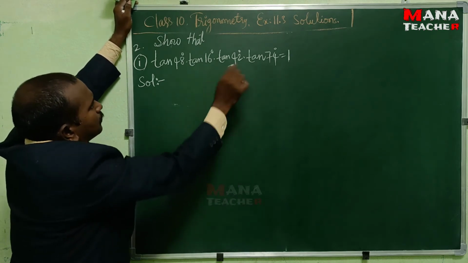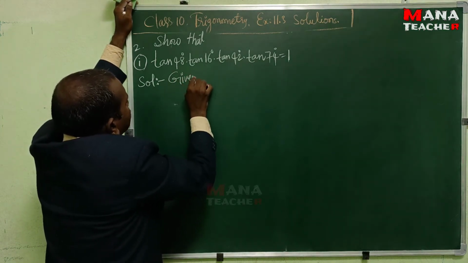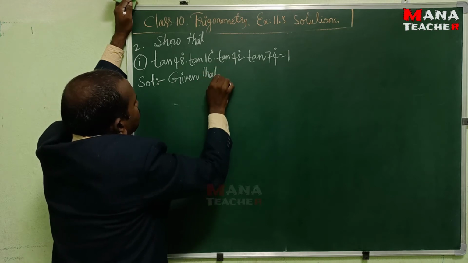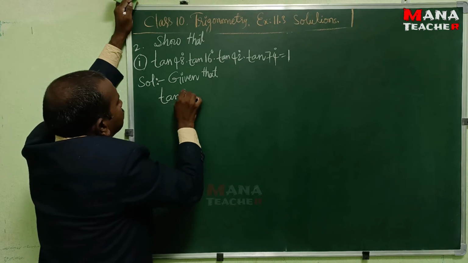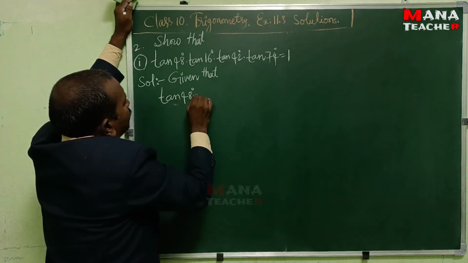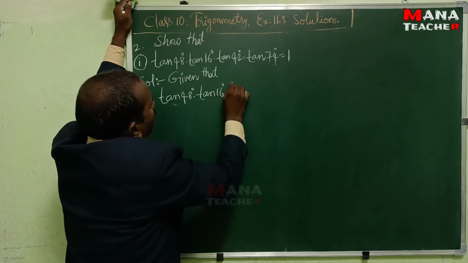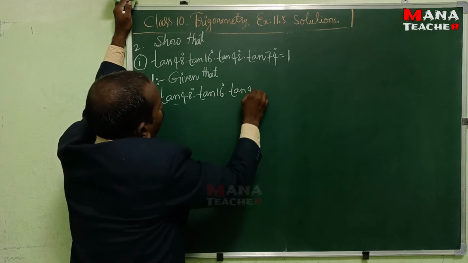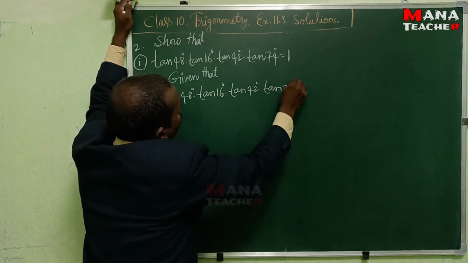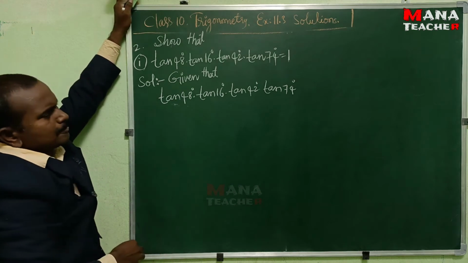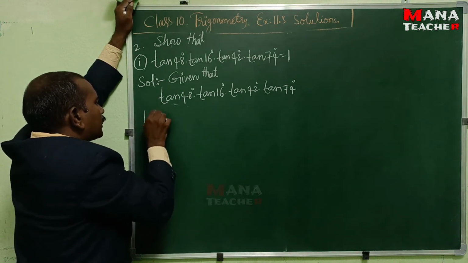Here, given that tan 48 degree, tan 16 degree, tan 42 degree and tan 74 degree. This is LHS.